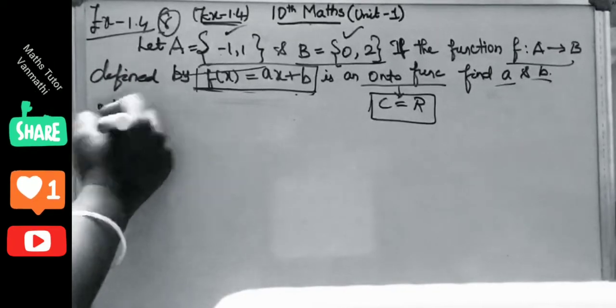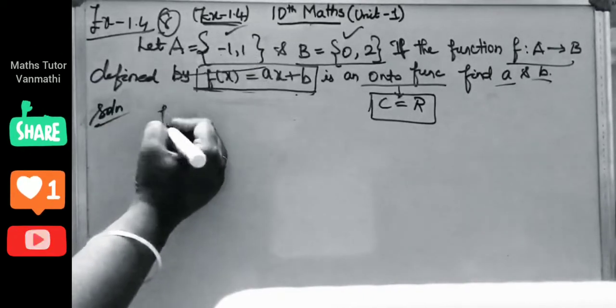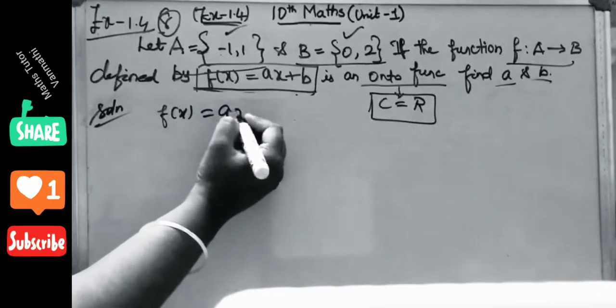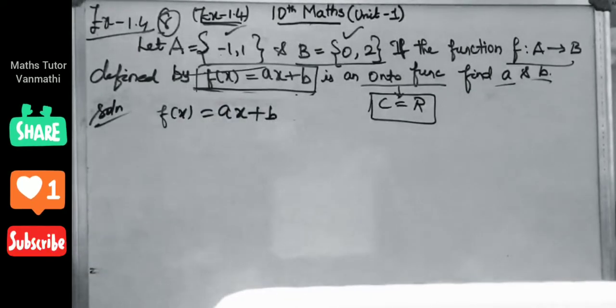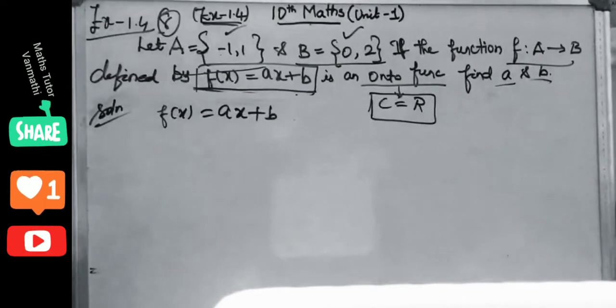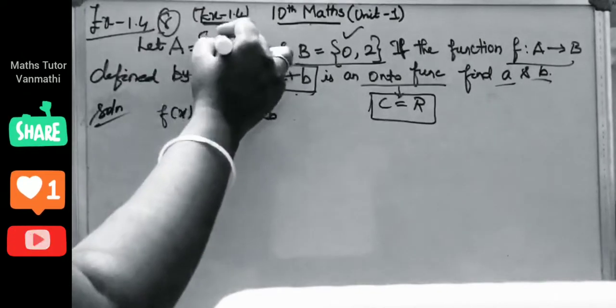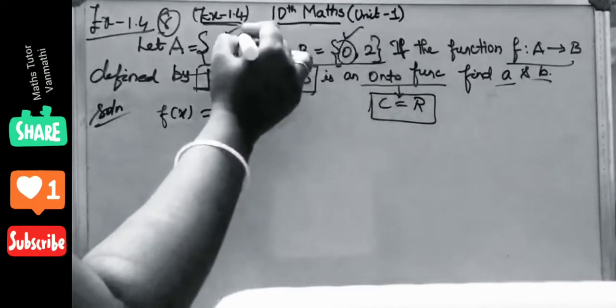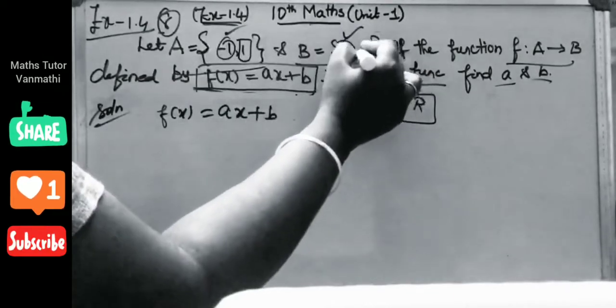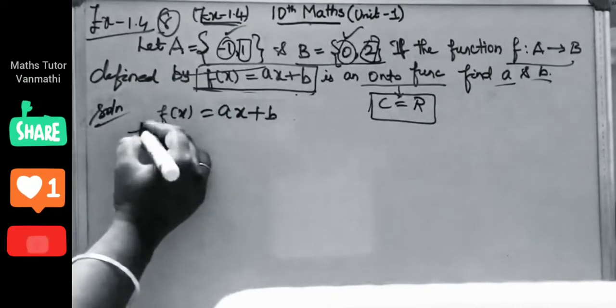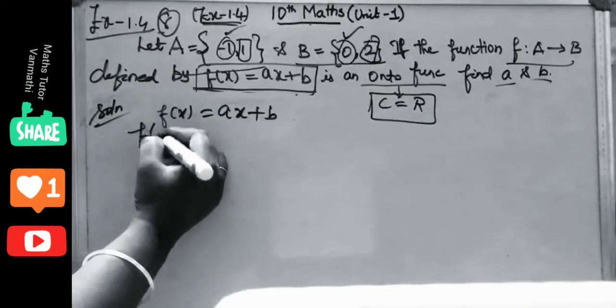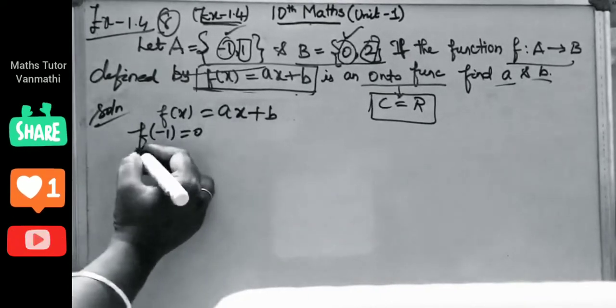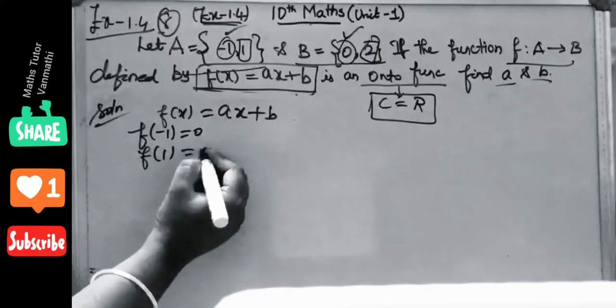Let us find, f(x) equal to ax plus b. This is your given condition. From this you are going to find. Then first, for this minus 1, this will be the value, and for this plus 1, this is your corresponding value. So f(minus 1) is 0 and f(1) is 2.